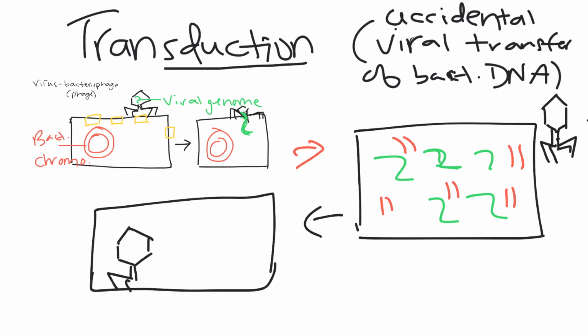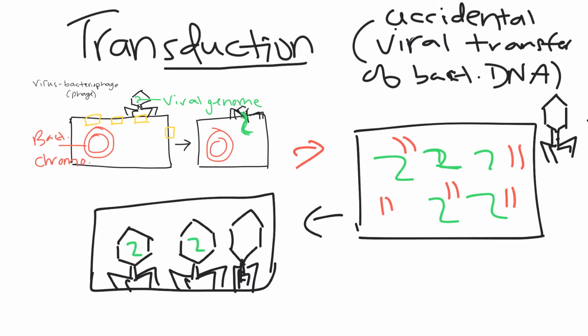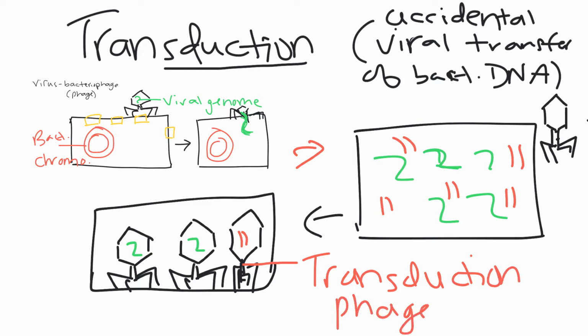They don't have any signals per se as to what to take into their cell. So most of the genome in the environment is going to be viral, but occasionally, by accident, one of the viruses picks up some chromosomal DNA from that original bacterium. So we now call this a transducing phage, because it has bacterial DNA by accident.